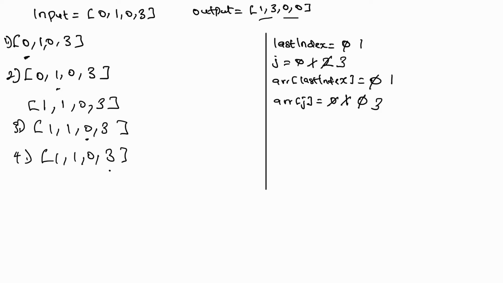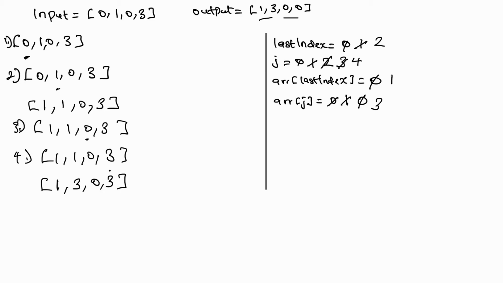The array at last index is 1, and last index is at index 1. So we have 1, 3, 0, 3. Now we increment last index by 1, so it is now 2. We increment j by 1, so it is now 4.